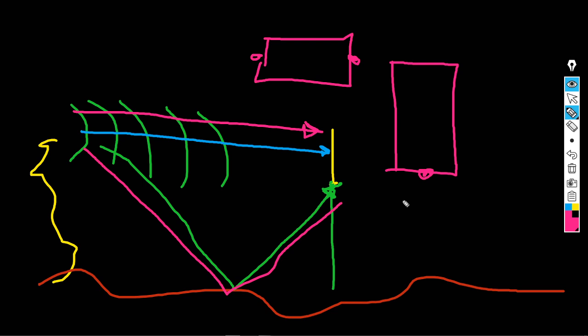Due to the nature of sound, higher frequencies of sound are more directional. So let's draw a little picture.